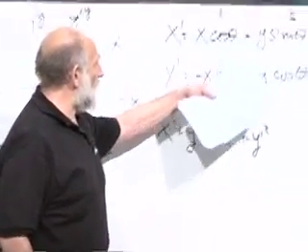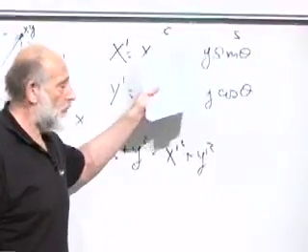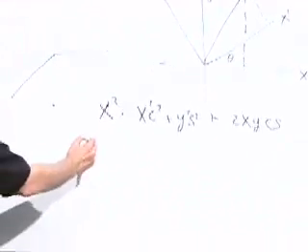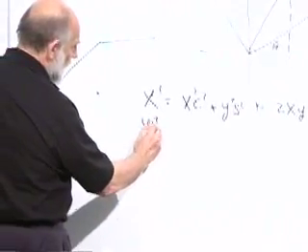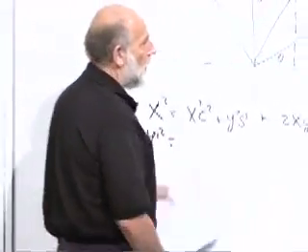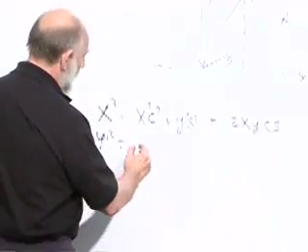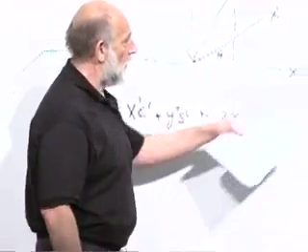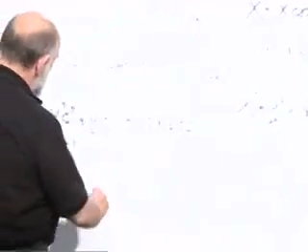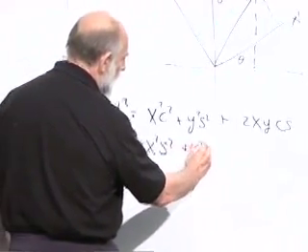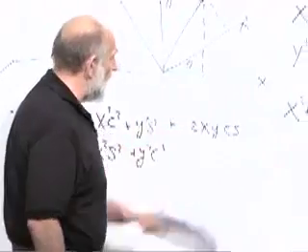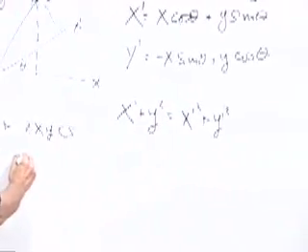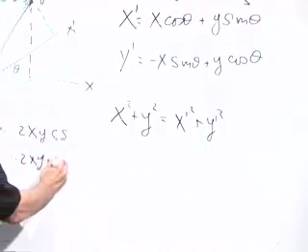That's x prime squared. What about y prime squared? That's x squared s squared plus y squared c squared, and then minus, because there's a minus sign here, minus 2xy cs.